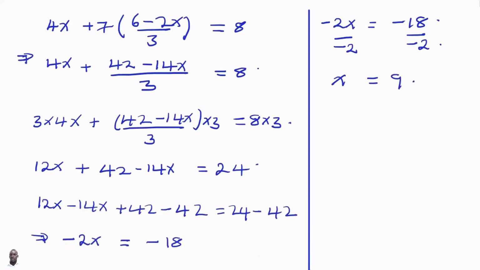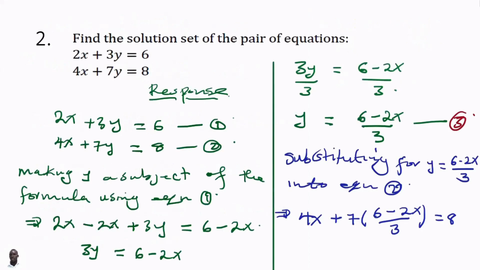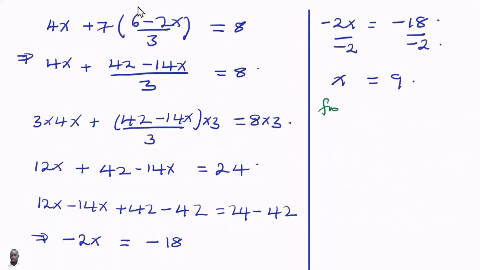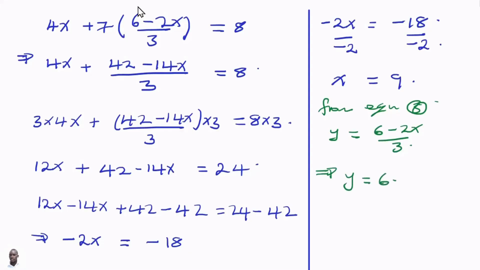We need to move ahead and find the value of y by substituting in the value of x. From equation 3, which is y equals (6 minus 2x) divided by 3, it implies that our y equals (6 minus 2 multiplied by the value of x, which is 9) divided by 3.